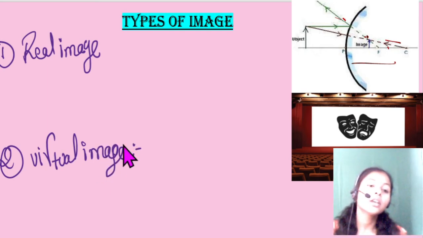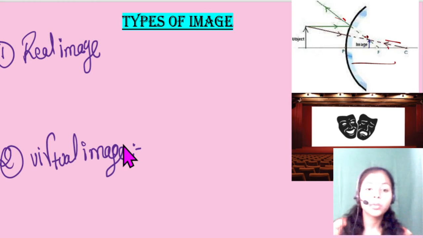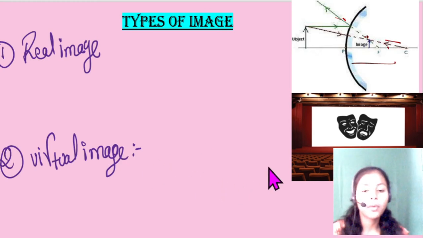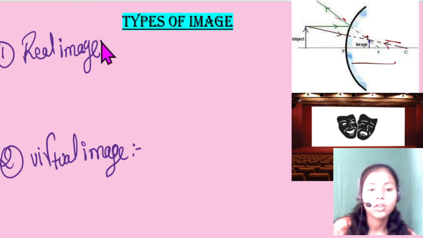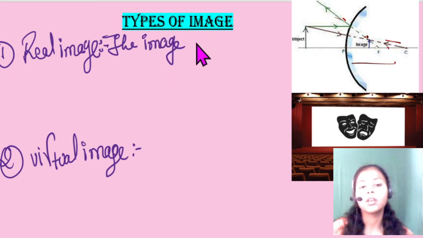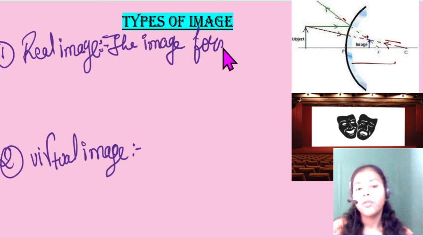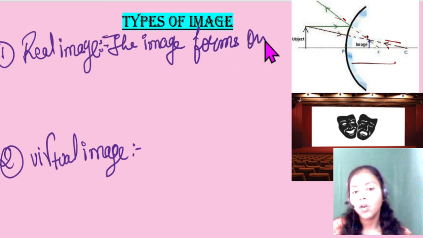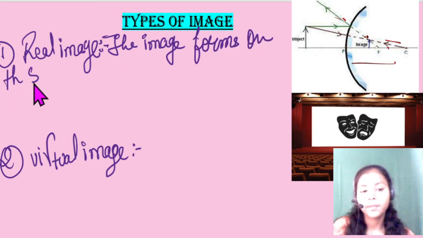Real image means the image which is going to be formed on the screen. Any image which is going to be formed on the screen. So I'm writing here the definition. The image forms on the screen.